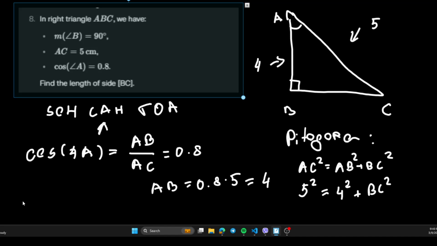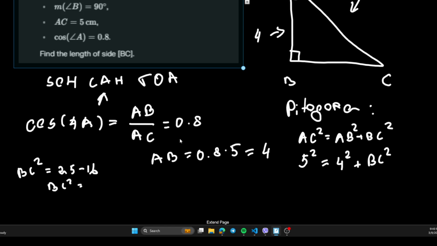So you would flip the sides, so BC squared would equal 5 squared minus 4 squared. And you would get BC squared equals 25 minus 16. That's 9. And BC is the root of 9, and it's 3.